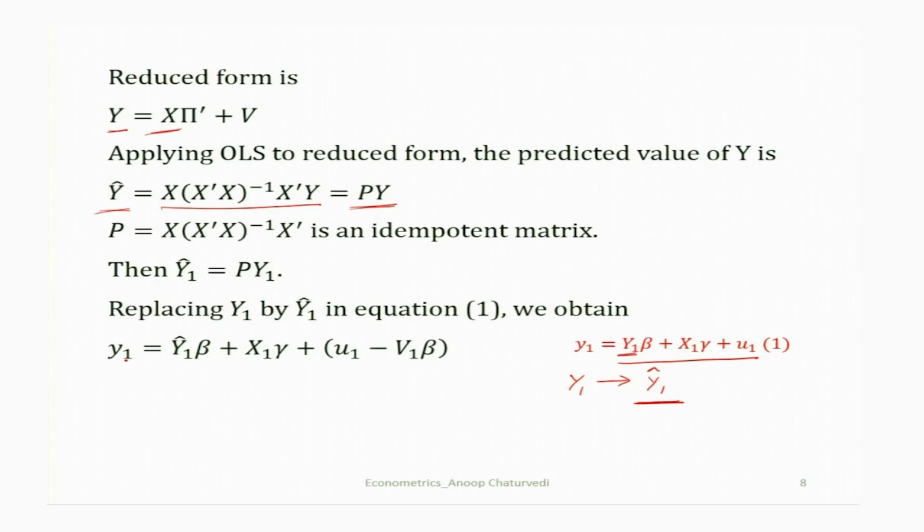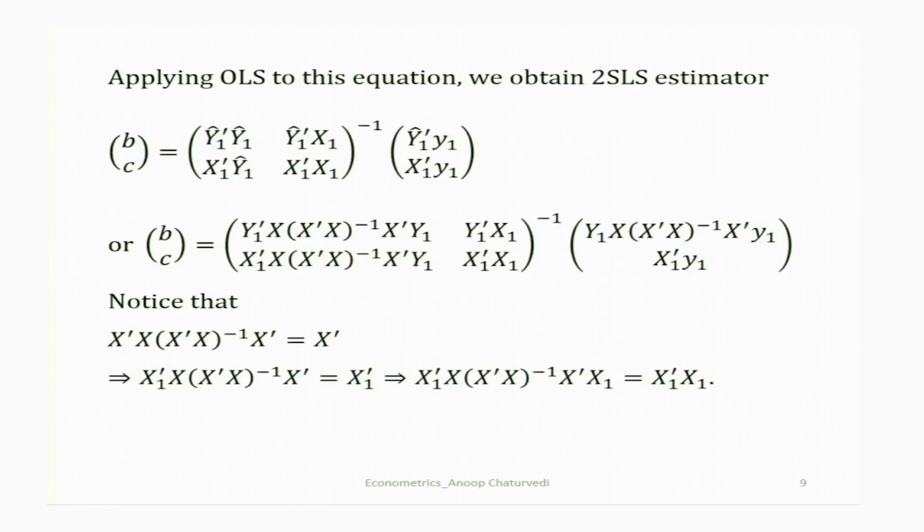So, you get small y 1 equal to y 1 hat beta plus x 1 gamma plus u 1 minus v 1 beta, where y 1 minus y 1 hat is equal to v 1. Now, we apply OLS to this equation.